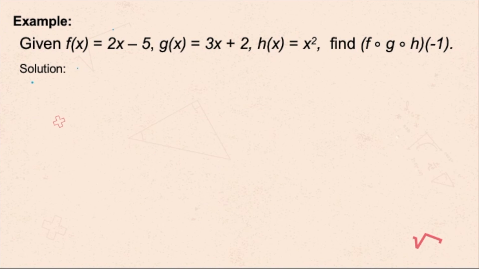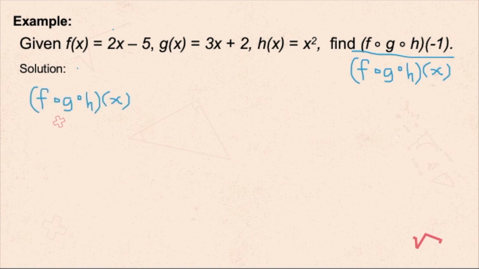Two methods are explained in your module, so please refer to the given module. The method that I will explain in this video is finding first the f of g of h of x. You have to solve first for f of g of h of x.